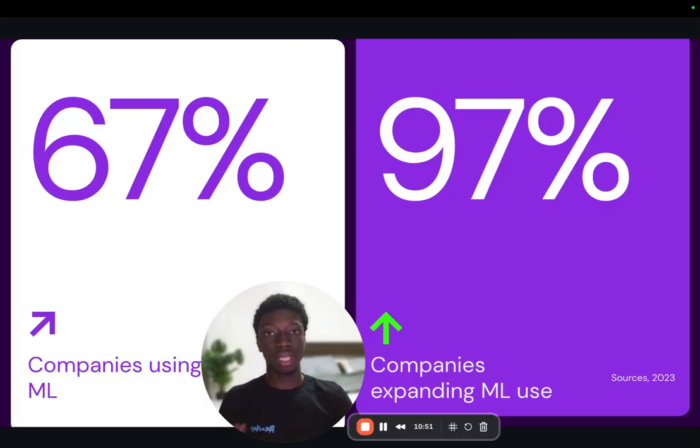Businesses that adopt machine learning early gain a major advantage. They respond faster, make better decisions, reduce waste, and reduce a lot of costs in terms of employees and business costs.